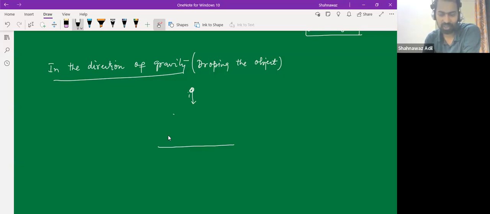Whether you are throwing some object upwards, you are working against gravity. And when you are throwing the object downwards, you are working in the direction of gravity. But free fall means that you are working in the presence of the acceleration due to gravity.